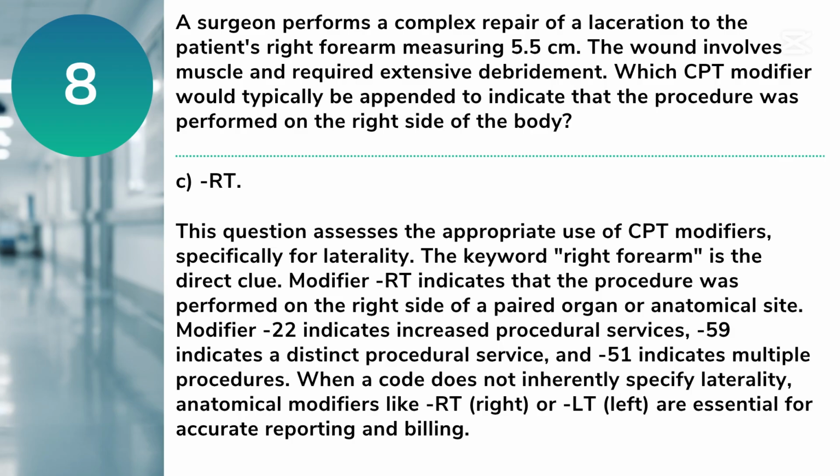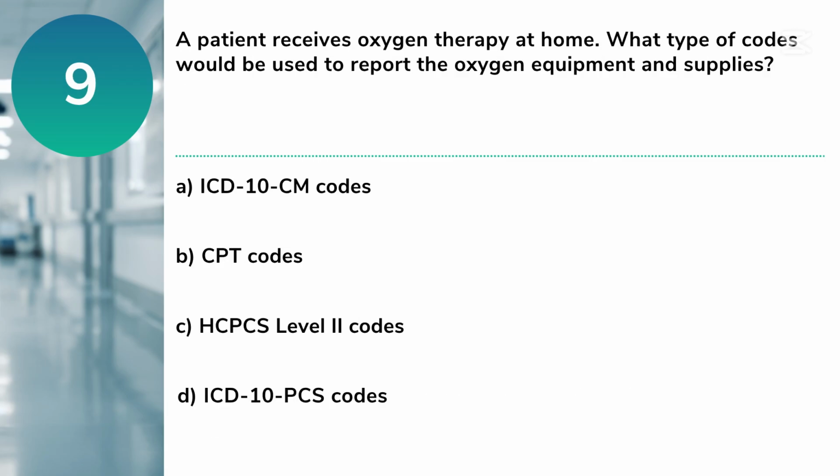Modifier -22 indicates increased procedural services, -59 indicates a distinct procedural service, and -51 indicates multiple procedures. When a code does not inherently specify laterality, anatomical modifiers like RT, right, or LT, left, are essential for accurate reporting and billing.